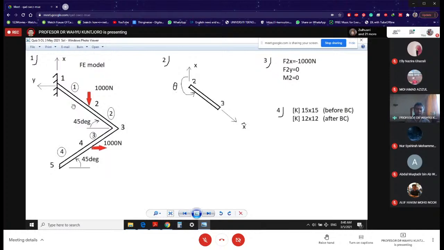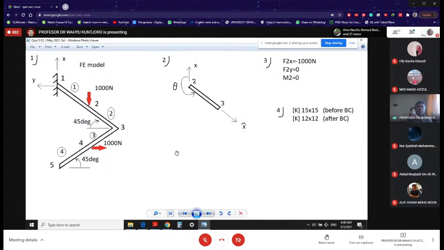So that's why you have nodes here, here, here, here, and there. The numbering is 1, 2, 3, 4, 5. You have element number 1, number 2, number 3, and number 4.